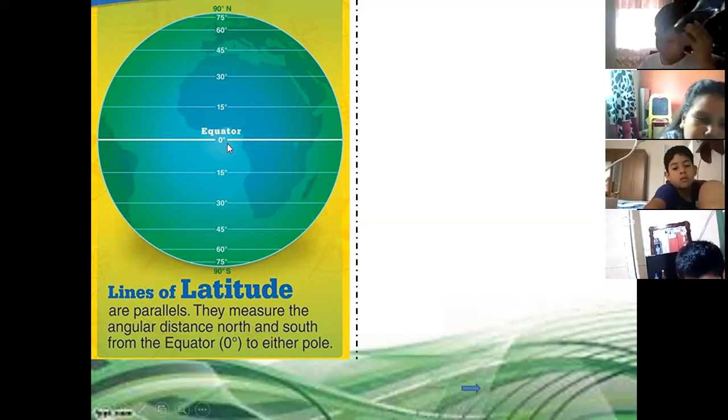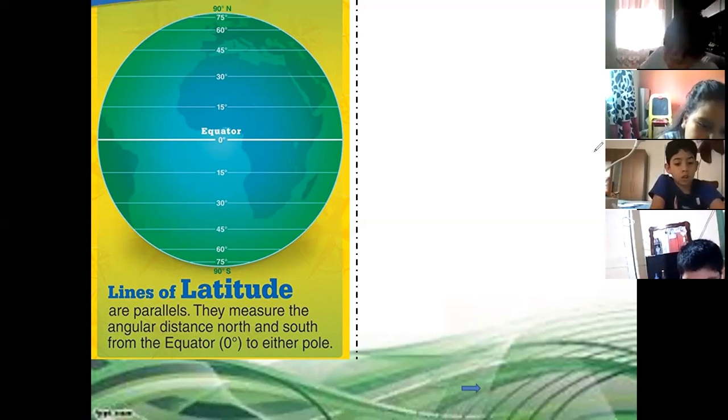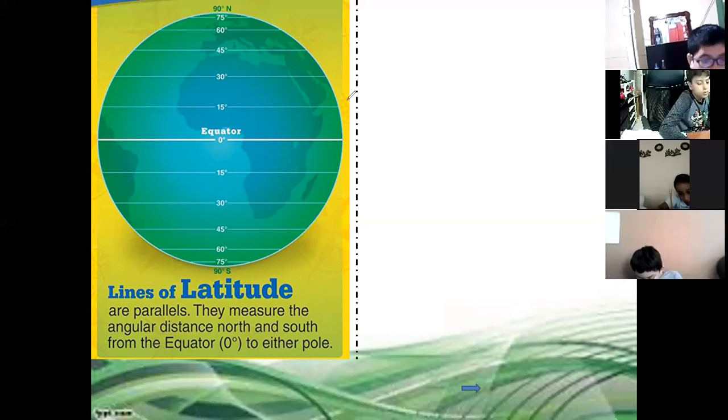That's why it's 0 degrees. So you can move from the equator to the north and you count the degrees, starting on the equator at 0. Okay?